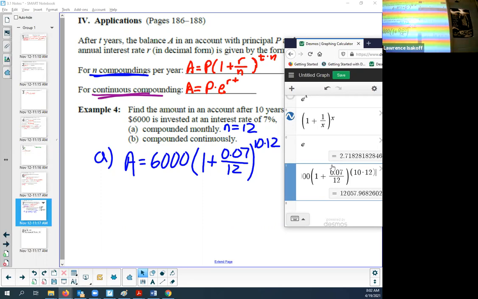So, hey, that's not too bad. At 7% interest in 10 years, we were able to over double our money. We went from $60,000 to $125,57.97. So this was purely putting it in the calculator.